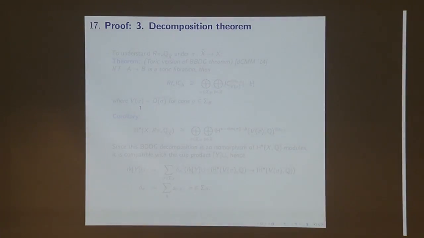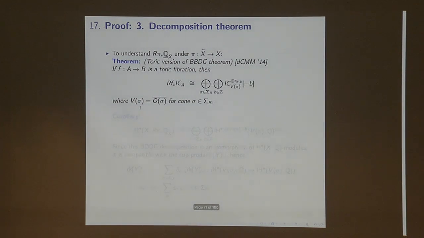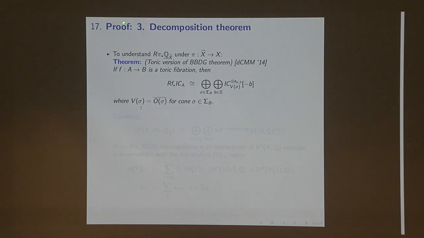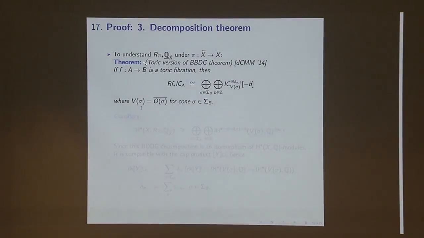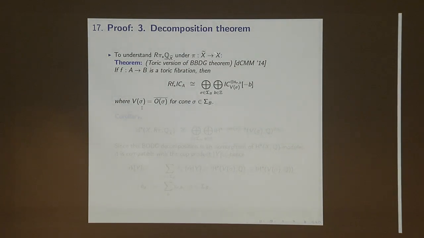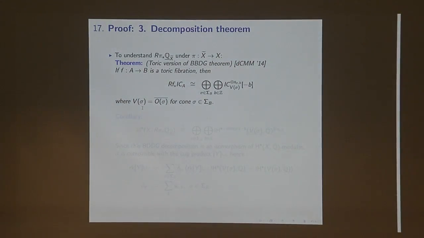Okay, so for that computation, we have to rely on the famous theorem of Bernstein, Beilinson, and Deligne, Gabber, the so-called decomposition theorem. More specifically, we need to apply the toric version of it, which was not available until 2014, due to De Cataldo, Migliorini, and Mauri.